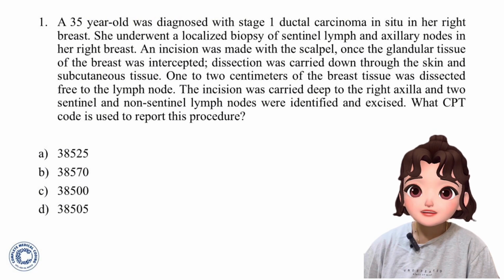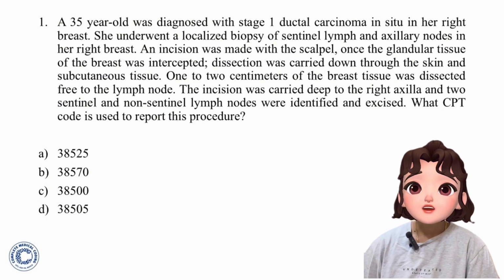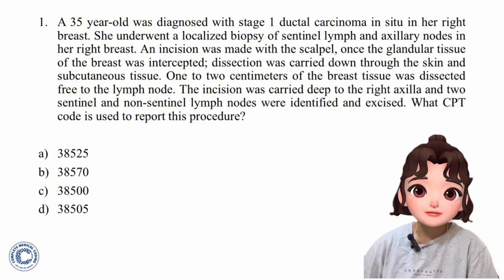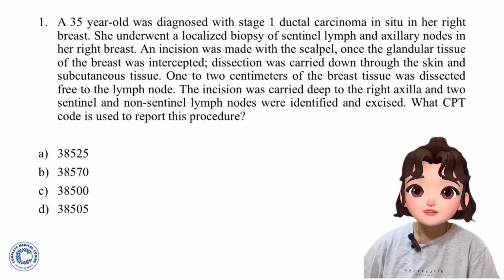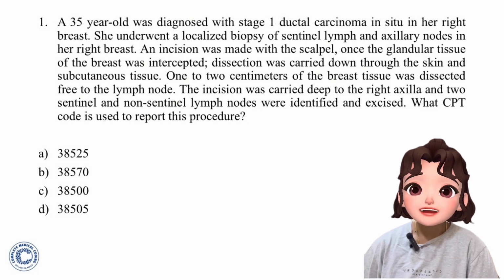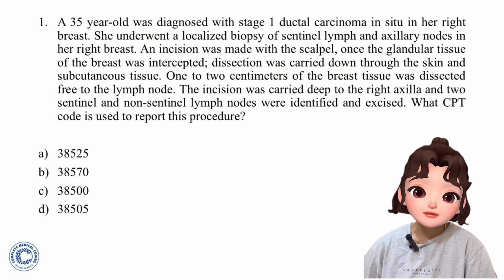Once the glandular tissue of the breast was intercepted, dissection was carried down through the skin and subcutaneous tissue. 1 to 2 centimeters of the breast tissue was dissected free to the lymph node. The incision was carried deep to the right axilla and 2 sentinel and non-sentinel lymph nodes were identified and excised. What CPT code is used to report this procedure?